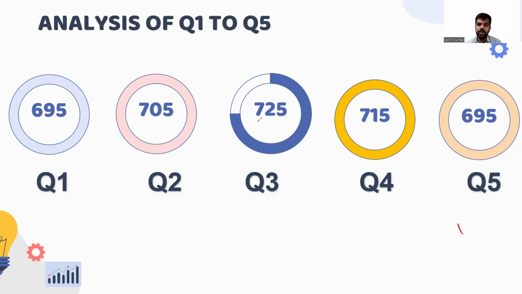That is the reason this question has a difficulty of 725. All the remaining questions have difficulty from 695 to 705, 715 as well. So the question levels are easy. We just need a little bit of practice and a little bit of command on calculation and concept.